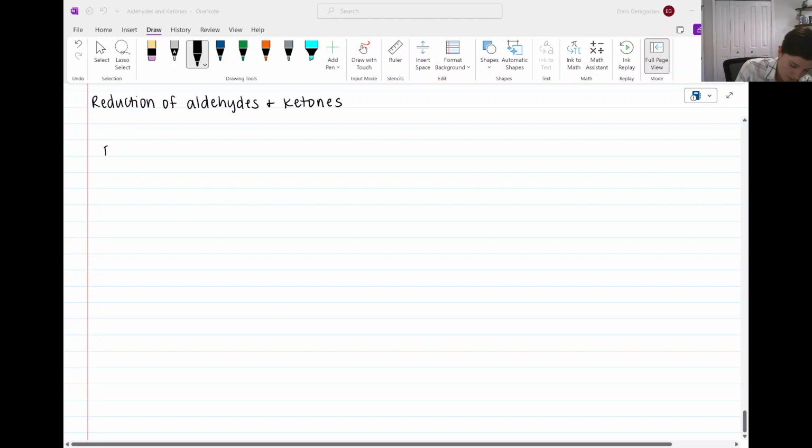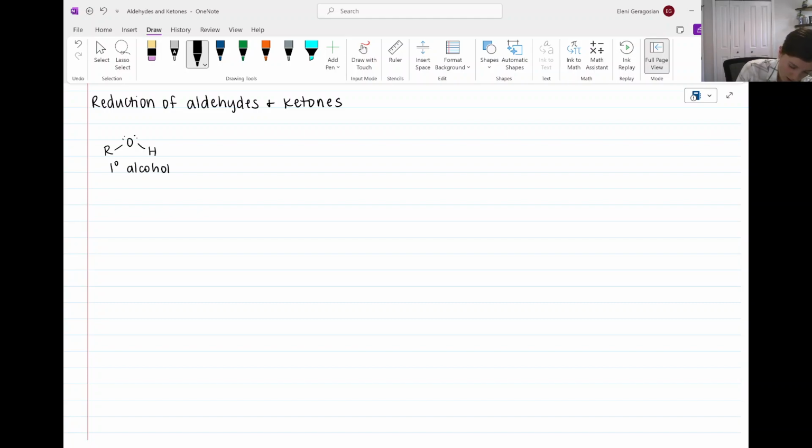So we've seen where if we have a primary alcohol, if we lose two hydrogens, we can then form an aldehyde.